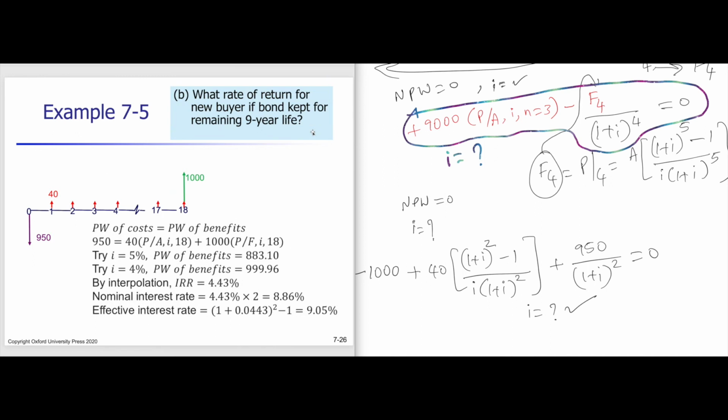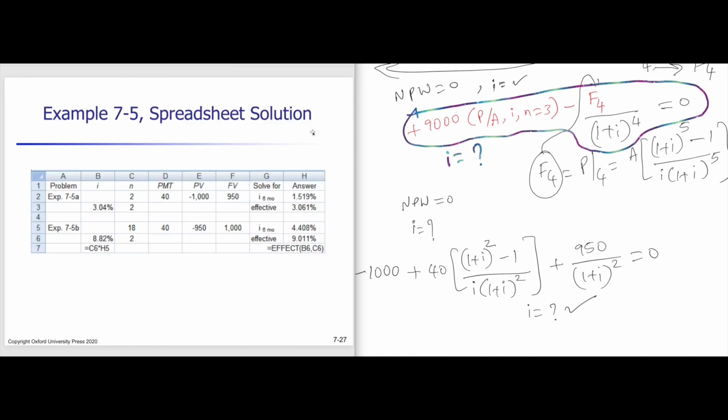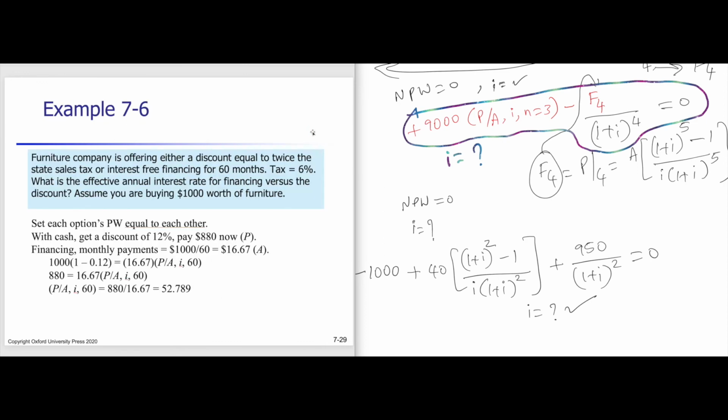Then we can do some analysis problems or some comparative problems. For example, we go to a car dealership or a furniture company to purchase something. Most of the time we're given two options.